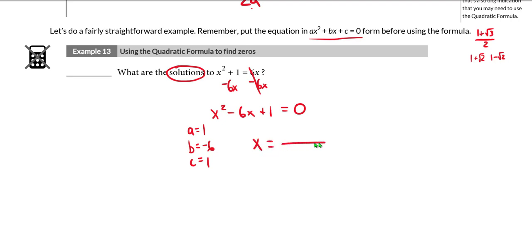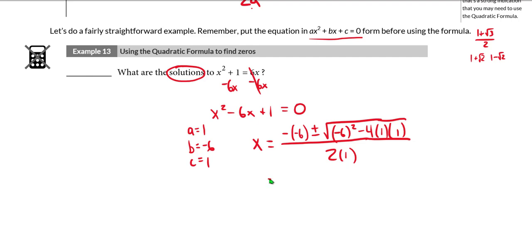So I have x equals negative b, which is going to be negative 6, plus or minus the square root of b squared minus 4ac, again, I'm just punching in the numbers where they're supposed to go, over 2a. So now cleaning up a bit, negative 6 obviously is 6, plus or minus, what's all this going to be? It's going to be 36 minus 4, all over 2.